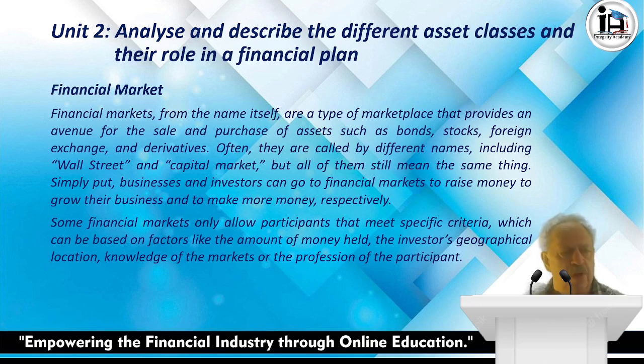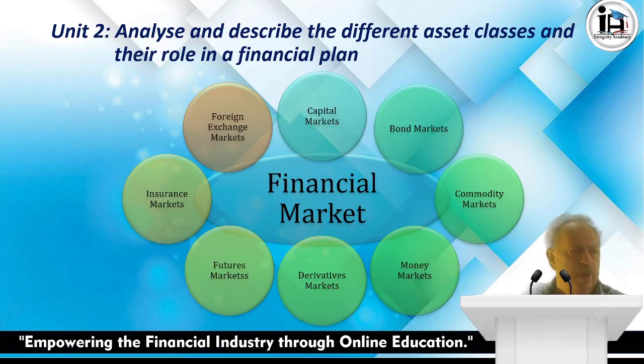Some financial markets only allow participants that meet specific criteria, which can be based on factors like amount of money held, the investor's geographical location, knowledge of markets, or the profession of the participants.